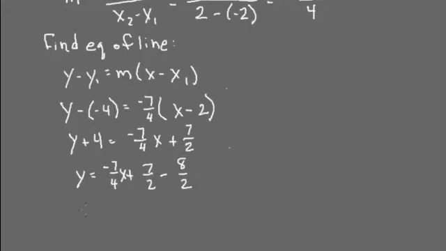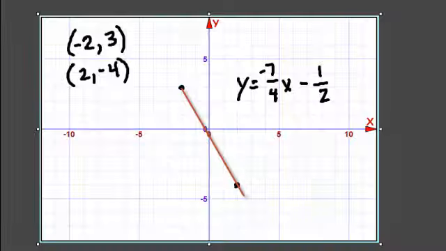So my equation for the line would then be y equals negative 7 fourths x minus 1/2. All right, let's go check out our graph.